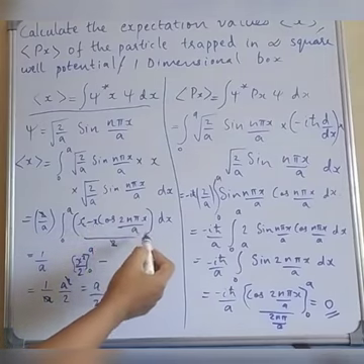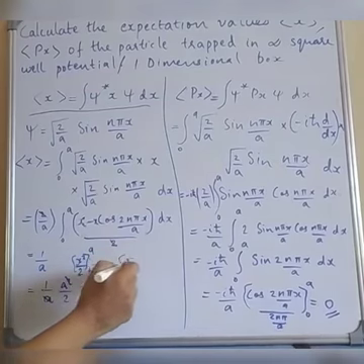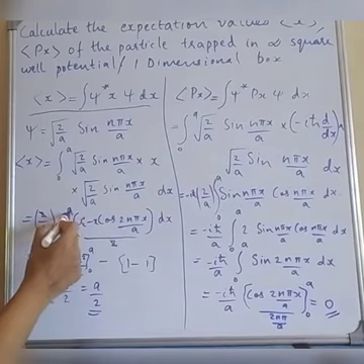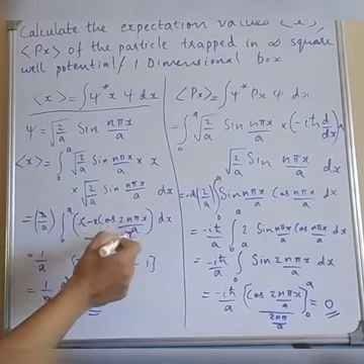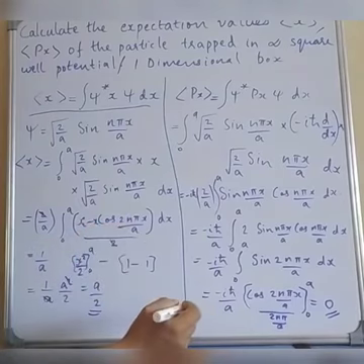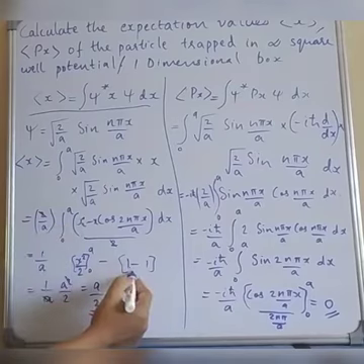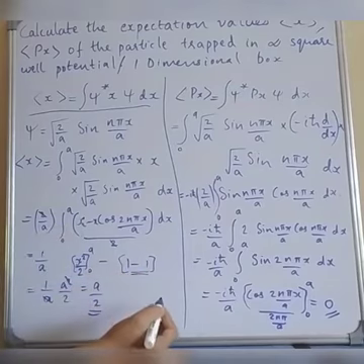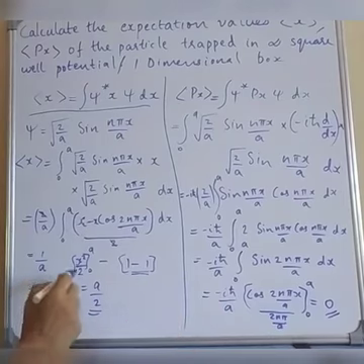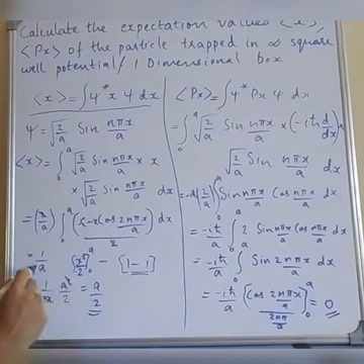Applying the limits we get a value like 1 minus 1, because cos 2 n pi a by a means cos 2 n pi, which is equal to cos 0. So, when we apply the upper limit and lower limit, the values will be the same, and the second term is 0 here. So, it is A squared by 2, and one A will be cancelled.